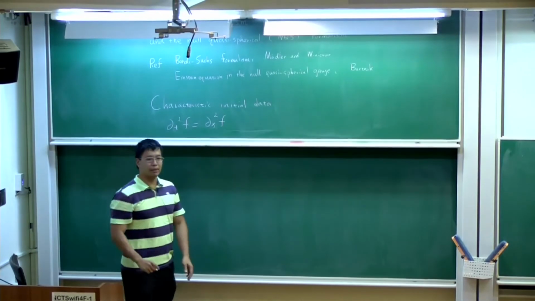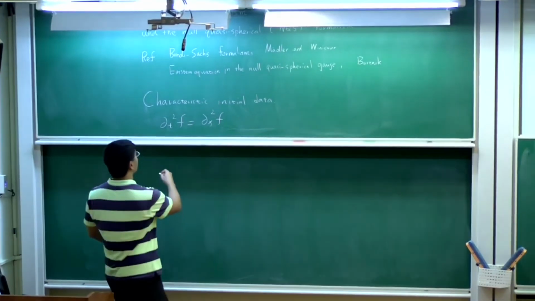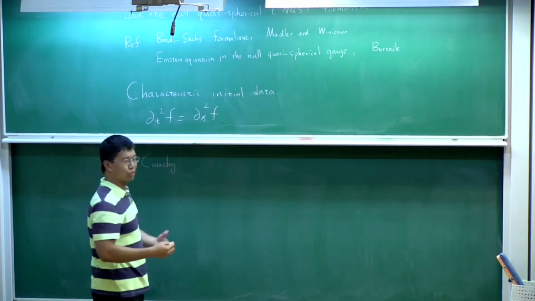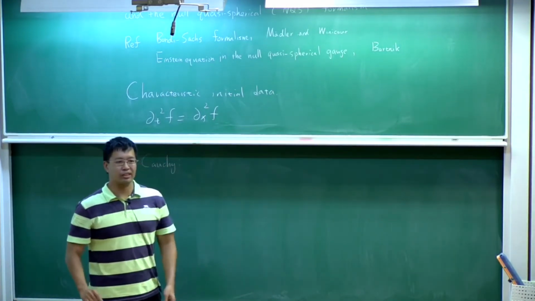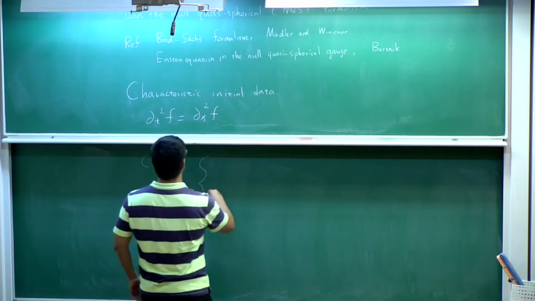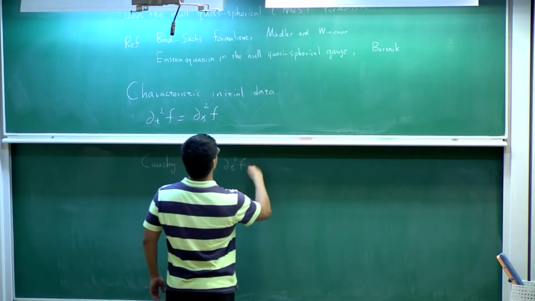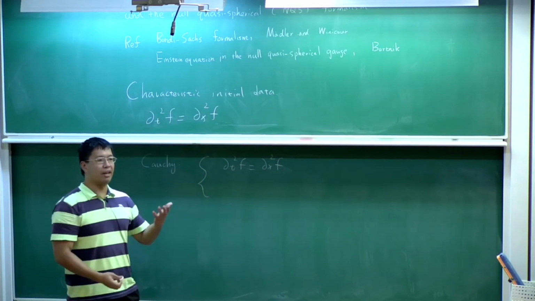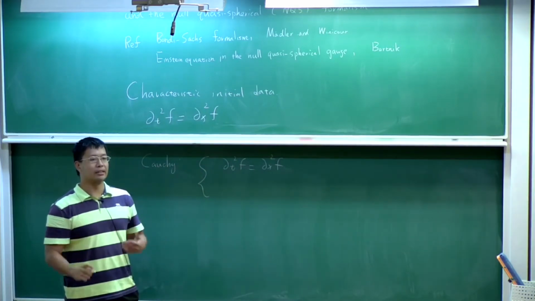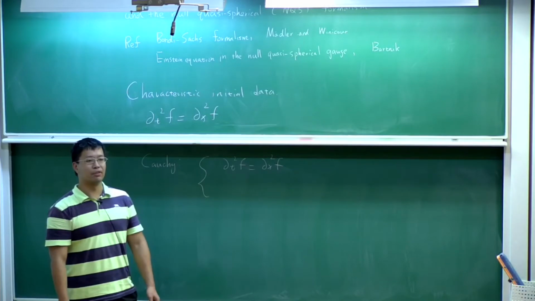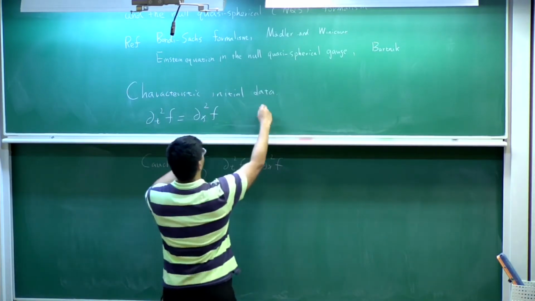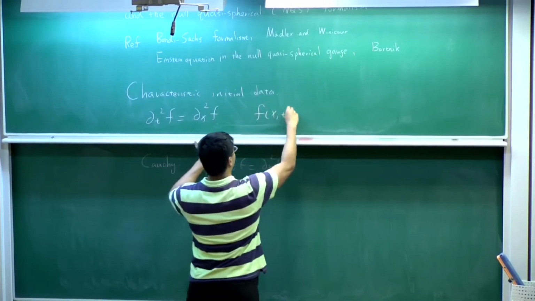If we take the simplest scalar wave equation in 1+1 dimension, the Cauchy initial data is probably the thing that we learned in even undergrad PDE classes. We want to solve this equation given the value of f and its first derivative at some level set of t, where f is obviously a function of x and t.